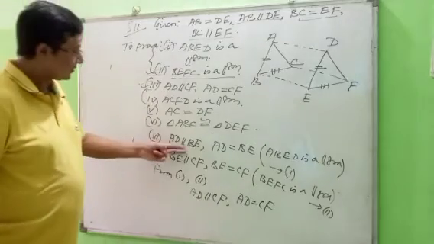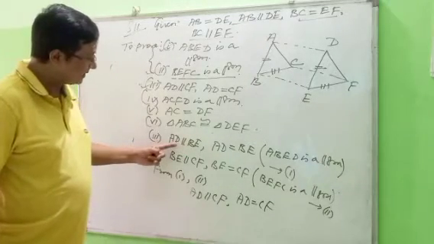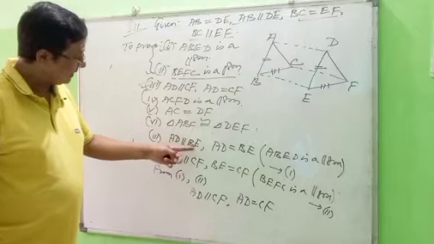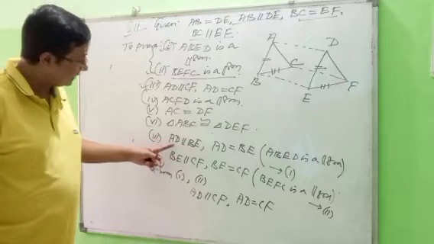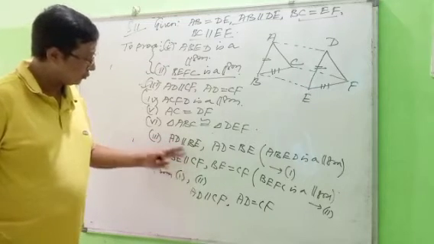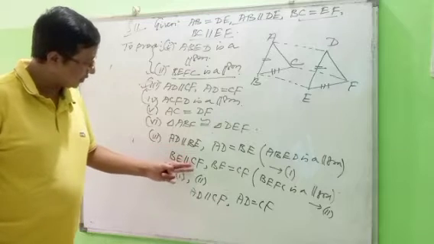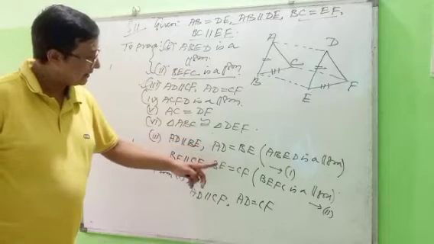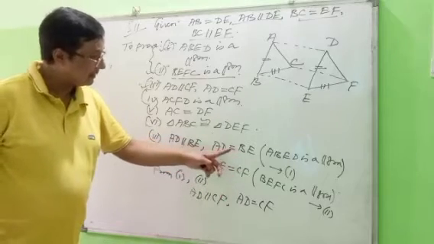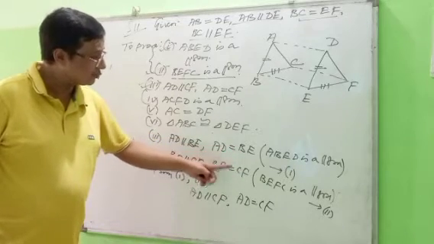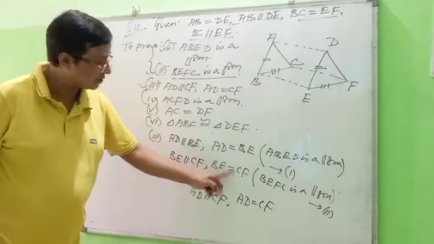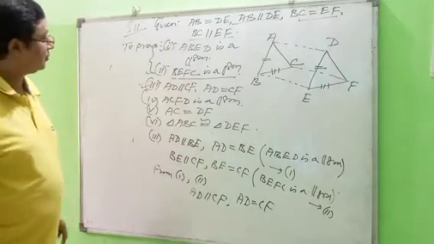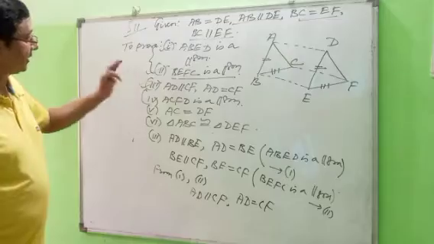In this one you have got that AD is parallel to CF because BE is parallel to both AD as well as CF. And here BE equals to CF, BE equals to AD, and from these two you have got AD equals to CF. So you have got proof number 3.